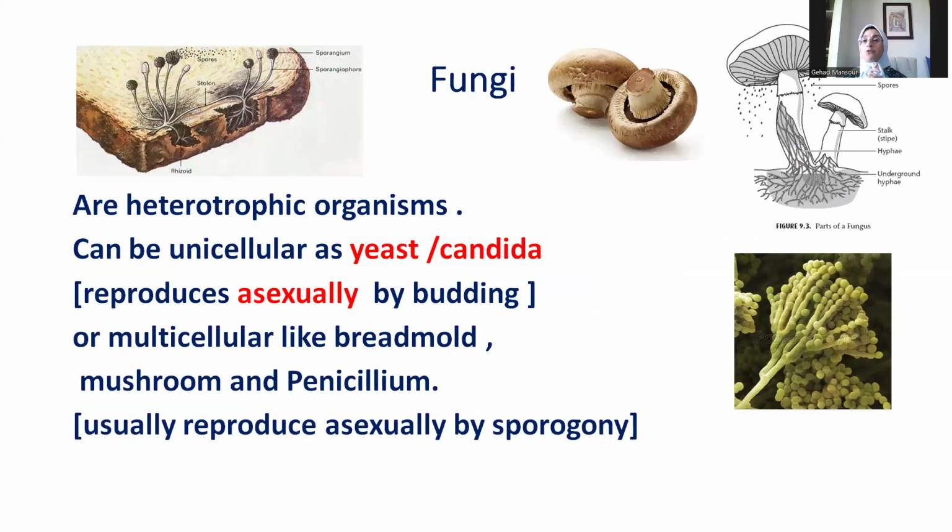Fungi, as we said before, are heterotrophic organisms, and we said the definition of heterotrophic. They might be unicellular, like yeast or candida. We have seen candida albicans in the vagina, and yeast is the fungus that we use to raise dough, all types of dough and in bakery, and they reproduce asexually.